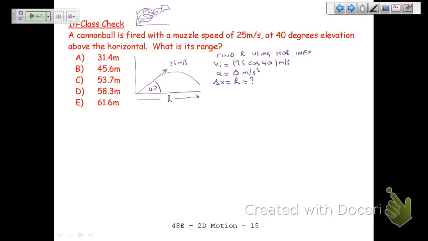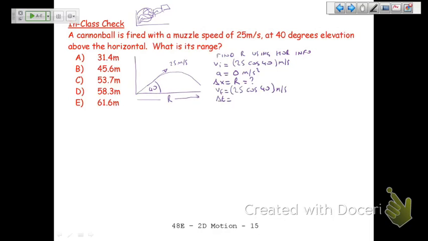And there are two other things that I can try to find: VF, or delta T. It's not clear to me which one I need to try to find, but with a little bit of thought, I actually know VF already horizontally, don't I? Because if the acceleration's 0, then VF is equal to 25 cosine 40, just the same.